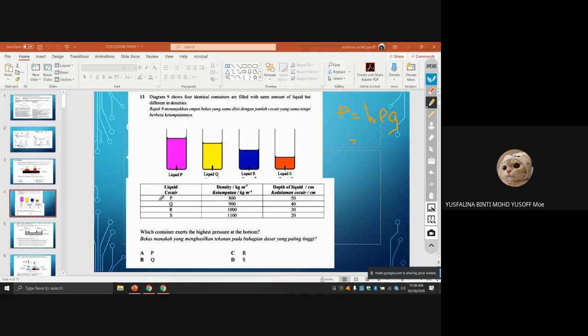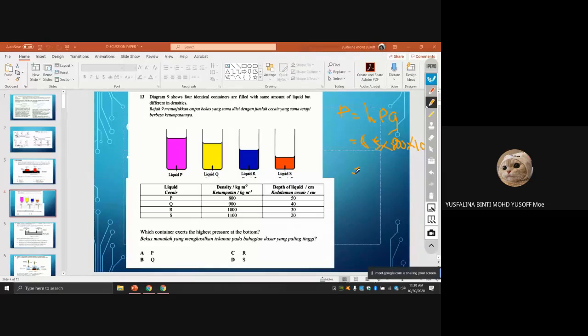I'll show you the first example, for P. The depth is 50 cm, so you change to meters, 0.5. The density here is 800, and then multiply by 10.